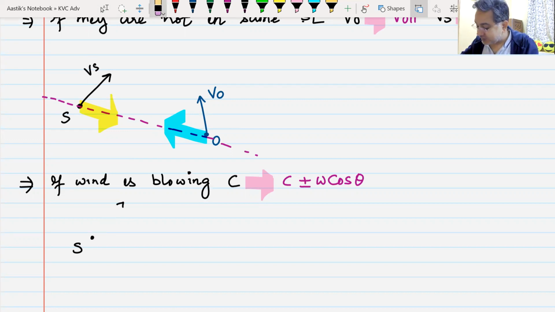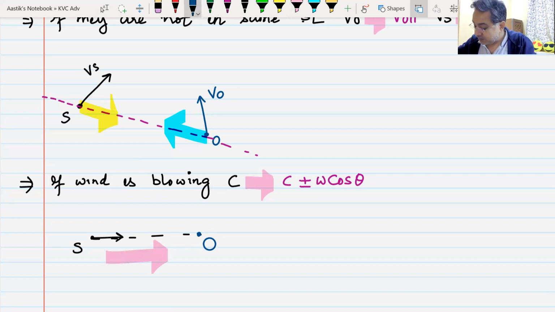Let me take a simple case just to make you understand. Your source is moving like this and your observer is here. Remember, this is the direction of sound and your wind is blowing in this direction, and this angle is theta.